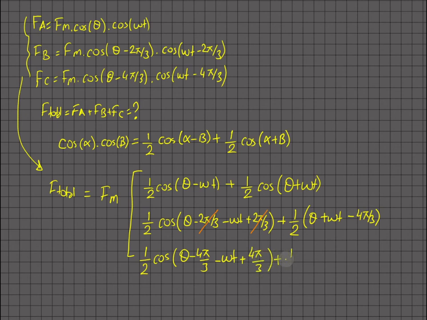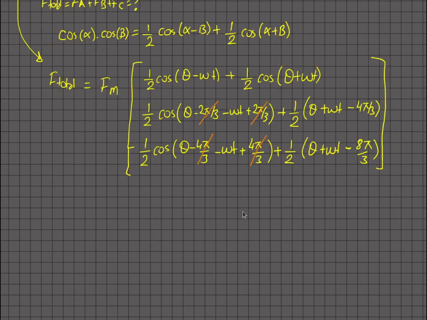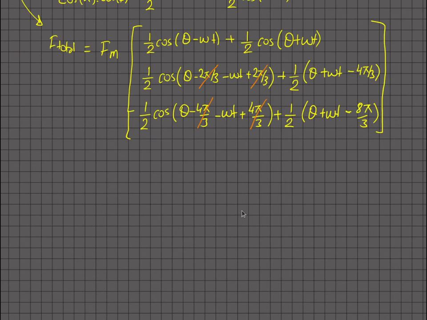Plus 1/2 cosine theta plus omega t minus 4 pi over 3 minus 4 pi over 3, which can be written like 8 pi over 3. So that is the whole term, and again you can see that those cancel each other. So let's move down.